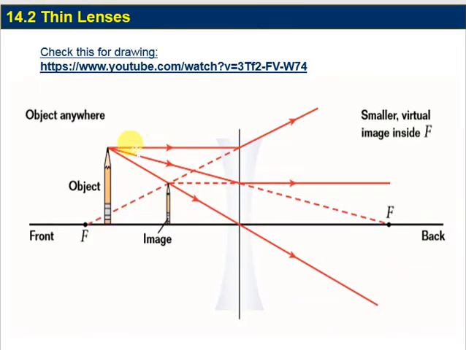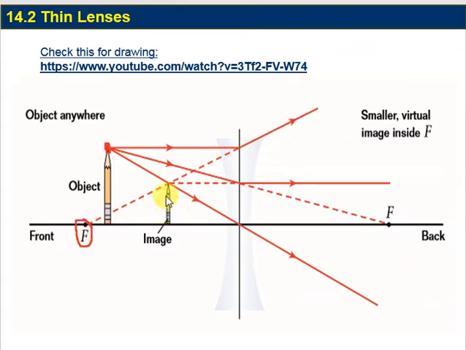So girls, we have here also 3 standard rays. Pay attention with me. The first ray, all the rays first are coming from where? From the tip of our object. Okay, the first ray is coming parallel to the principal axis. How will it diverge? How will it bend? It will bend away from the principal focus. Why?